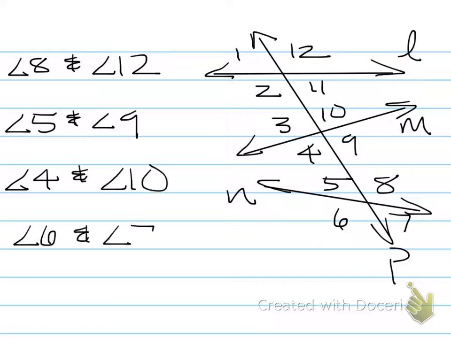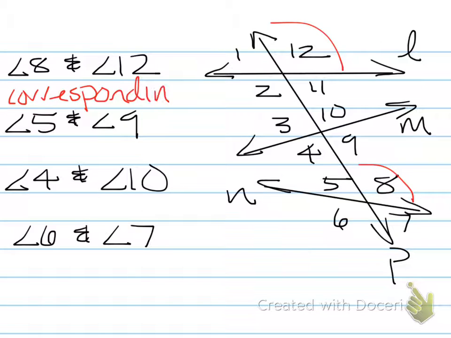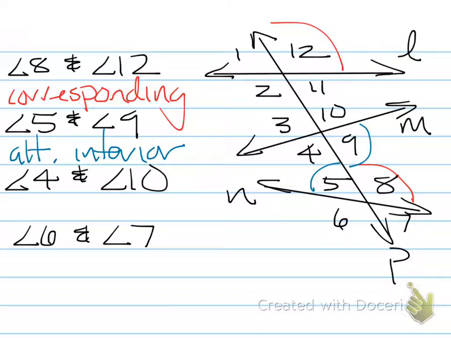Angles 8 and 12, they are on the same side of the transversal. One is interior, one's exterior, so they are corresponding angles. Angles 5 and 9 are on alternate sides of the transversal. They are both interior to the intersecting lines, so they're alternate interior angles.